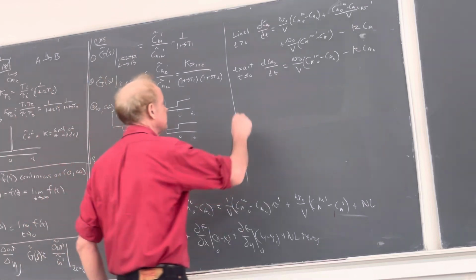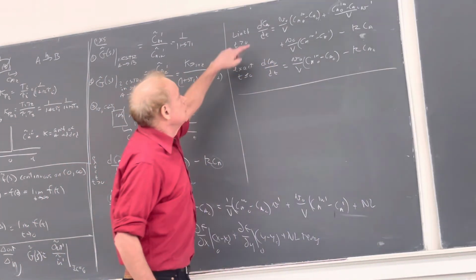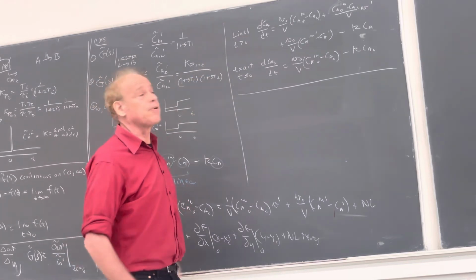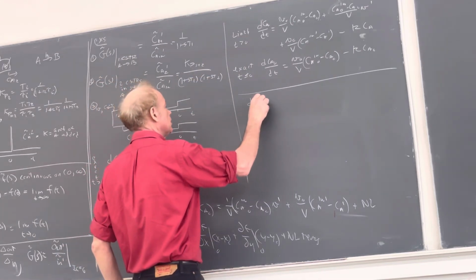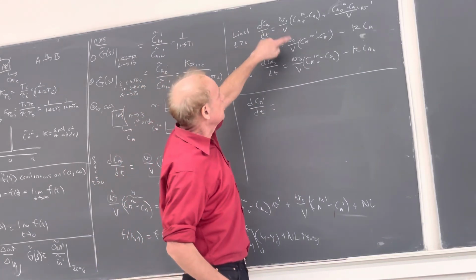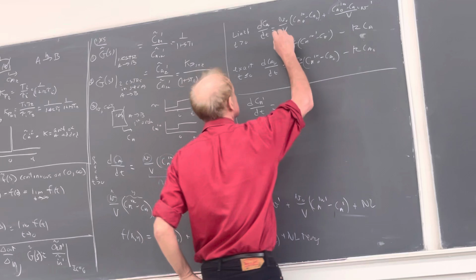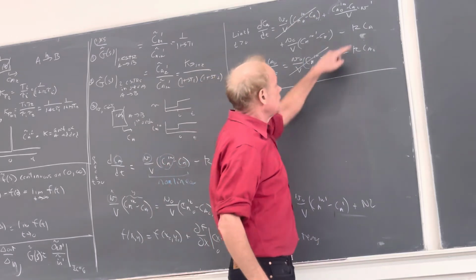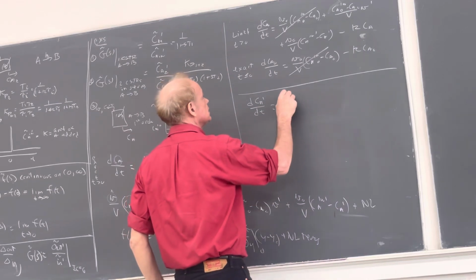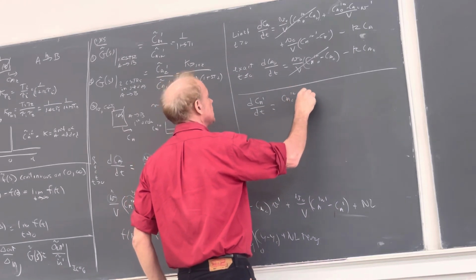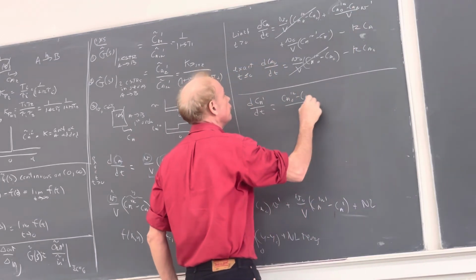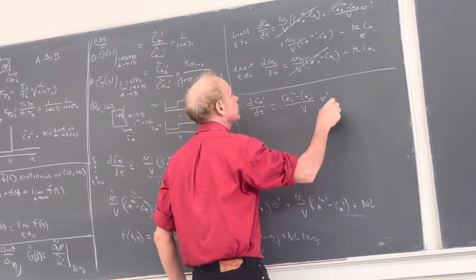And now I subtract the two. d ca dt minus d ca 0 dt is d dt of ca prime. This term is exactly the same as this term. They cancel. This term, now I have ca0 in minus ca0 over V, times V prime.